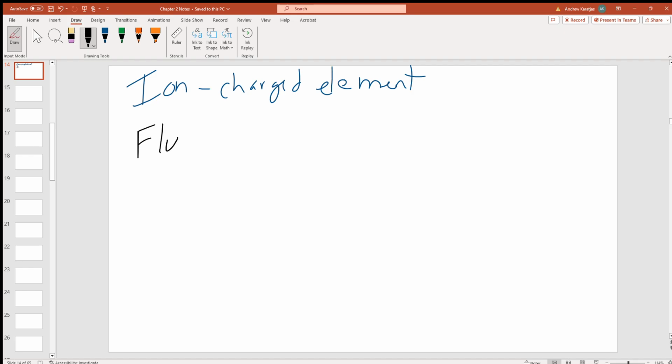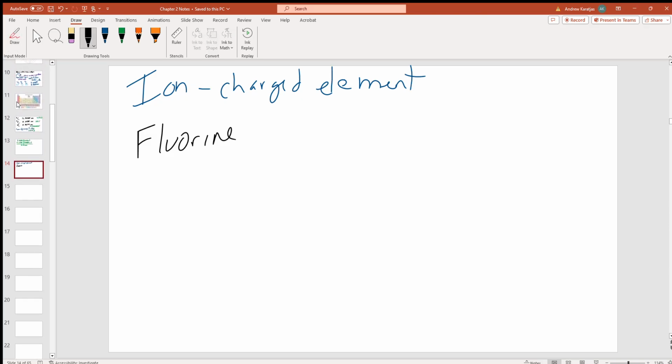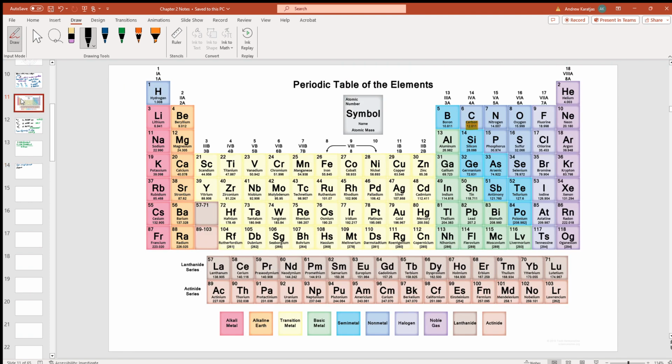So for any element, we can figure out on average how many protons, neutrons, and electrons it has. So fluorine, again, we can go back to our periodic table. We can see it has a mass of approximately 19. And so for what we're going to do, we're just going to round these numbers.